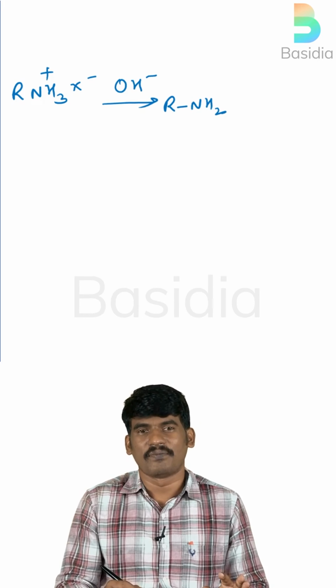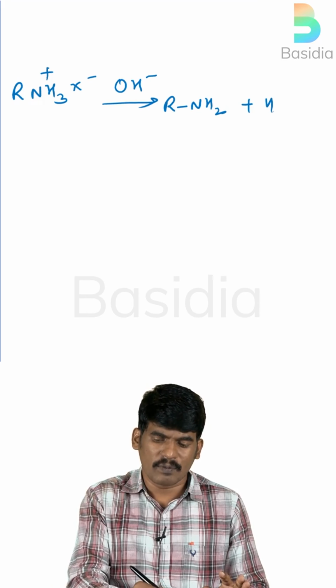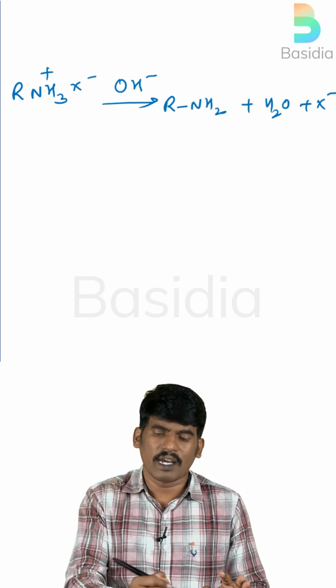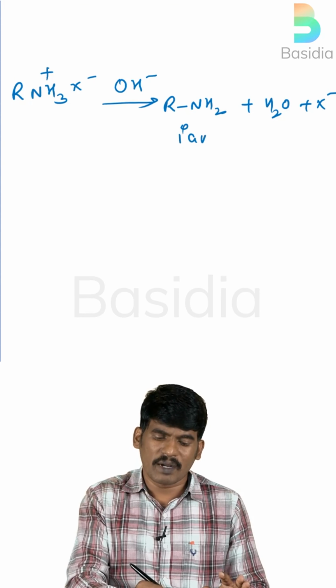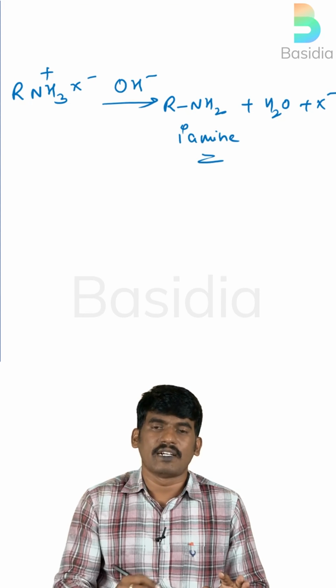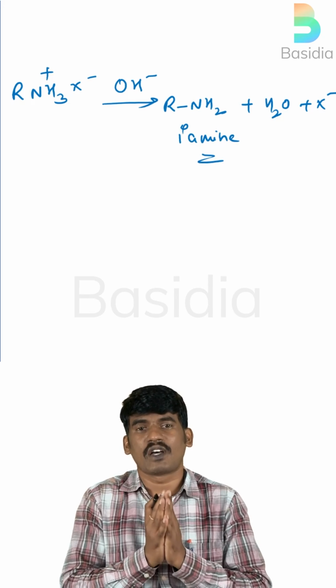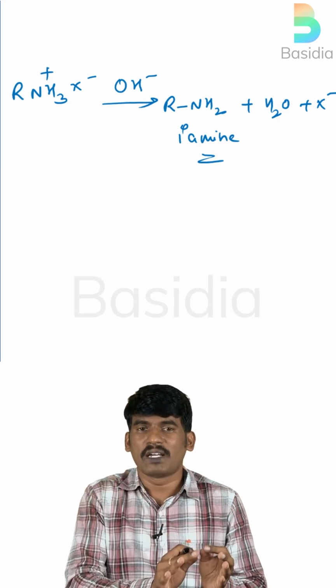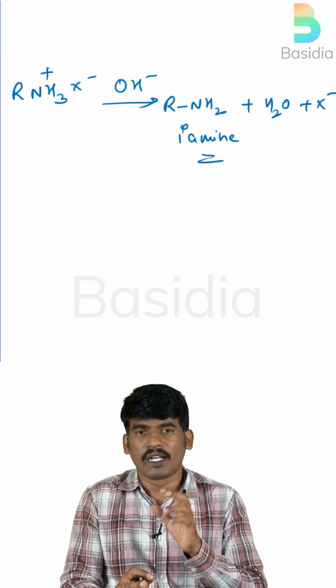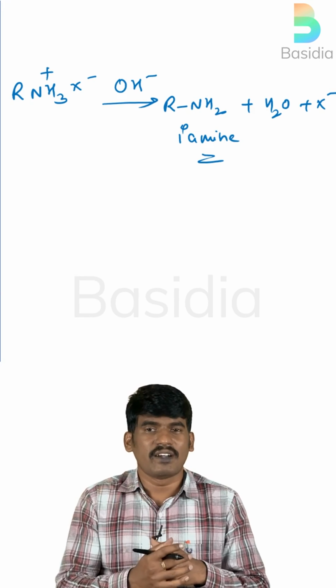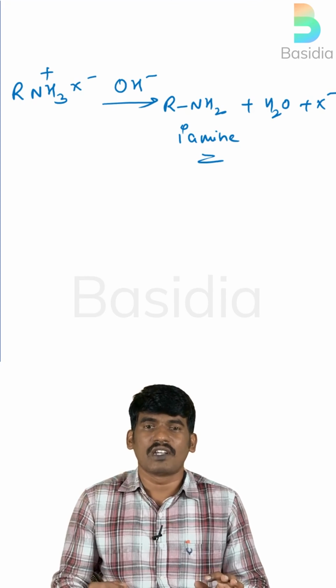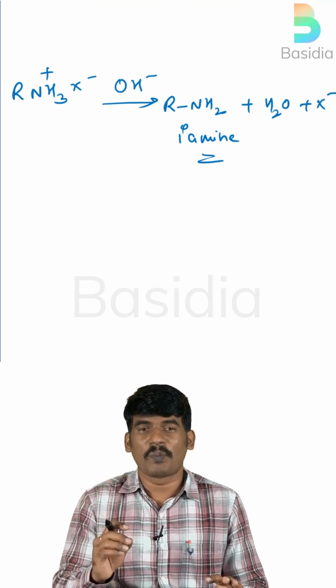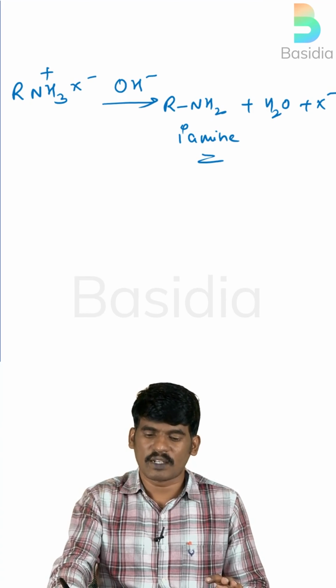The primary amine can be regenerated, along with H2O and X-. Whatever amine salt is formed by treatment of a primary amine with an acid, if that salt is further treated with a base, you will get your original primary amine or parent amine. Hope you understand that point.